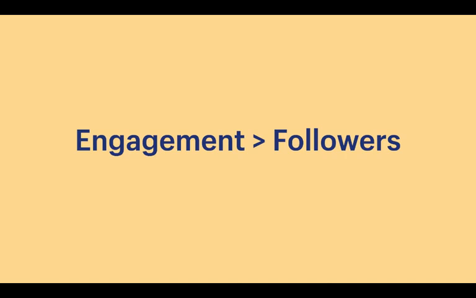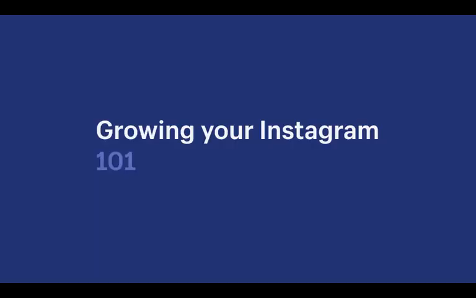So an engaged audience likes and comments on our posts with a positive sentiment, right? That's how we're going to measure that. So for example, 100 followers that do this regularly is a lot better than 1,000 followers that almost never do this, right? Makes sense. So now let's get into actually growing our Instagram account with engaged followers.